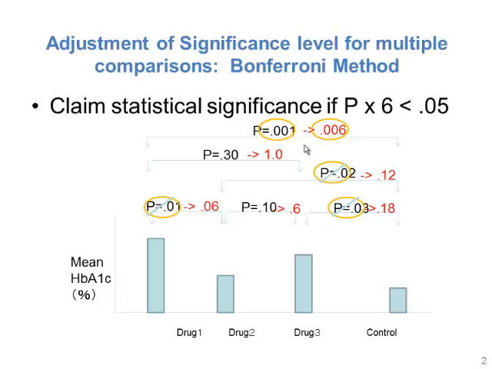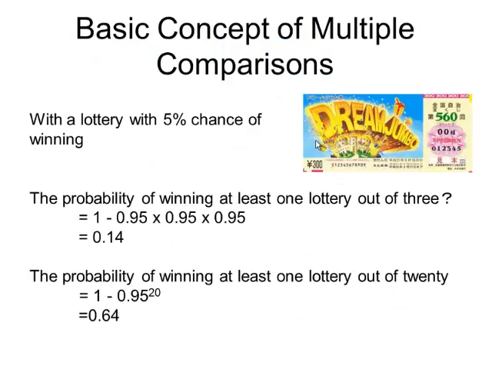So why do we have to adjust the p-value when we conduct more than one test? Before we talk about p-values, let's look at a scenario. This is a typical lottery ticket sold in Japan. Suppose you buy 3 lottery tickets, each independent of the others, and each ticket has a 5% chance of winning. Let's compute the probability of winning with at least 1 ticket out of 3.